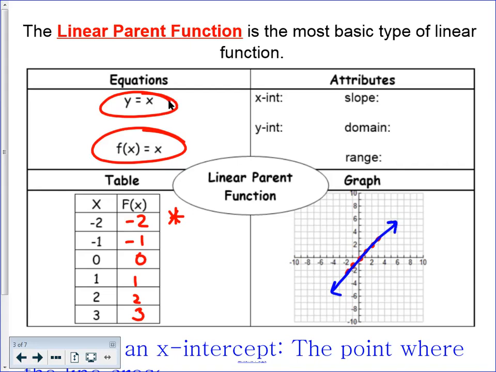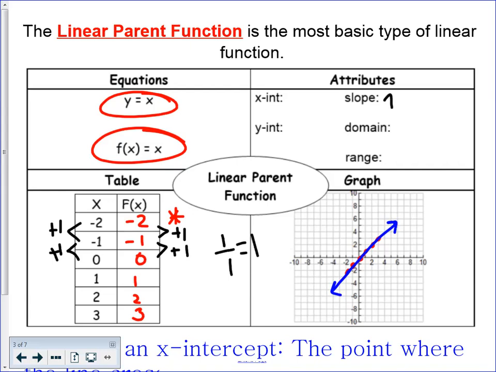Now, at this point, I need to go ahead and name my attributes. So, first off is my slope. What's my slope? Well, my slope is my pattern, right? What was my pattern? I was adding 1 each time, and I was adding 1 to my x's each time. So my slope is 1 over 1, which is just 1.